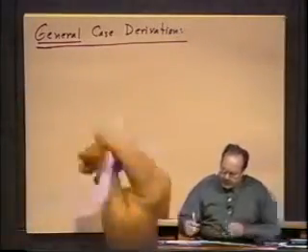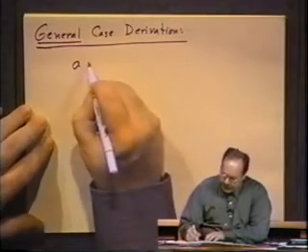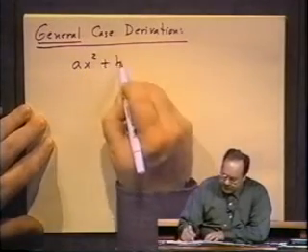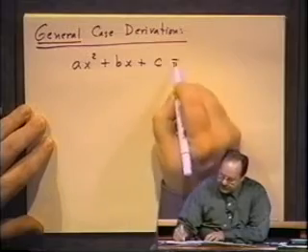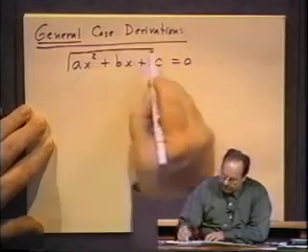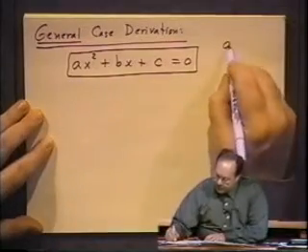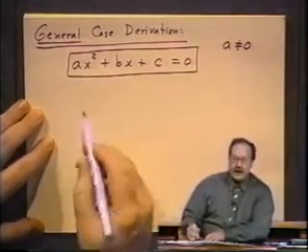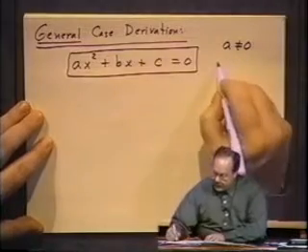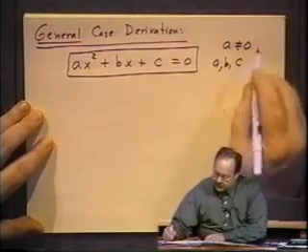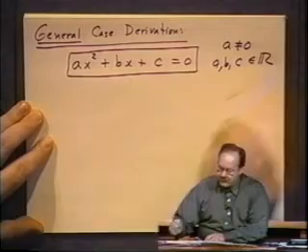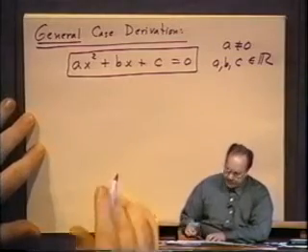That applies then to ax squared plus bx plus c equals 0, the standard form of the quadratic equation. Remember, that means that a is not 0, otherwise we don't have a quadratic, and that the coefficients a, b, and c are real numbers as opposed to complex numbers.